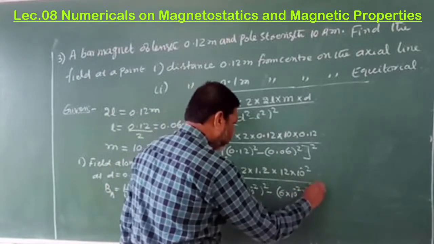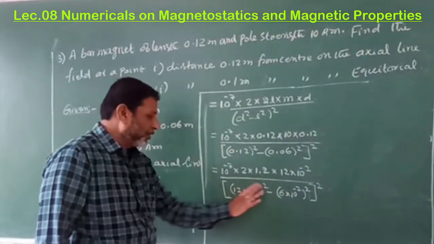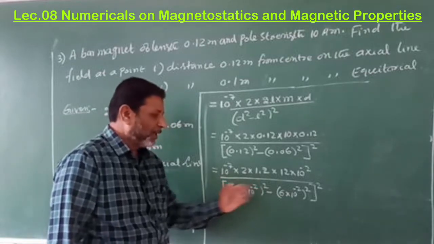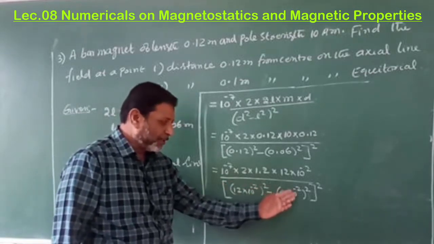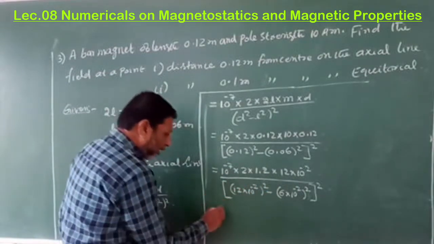Now 12 into 12 is 144 into 10 raised to minus 4, and this is 36 into 10 raised to minus 4, and you take out the common factor.